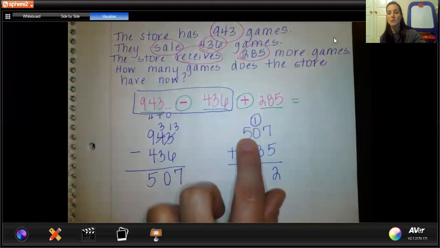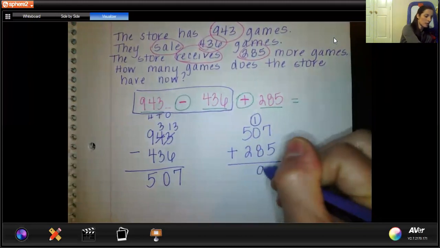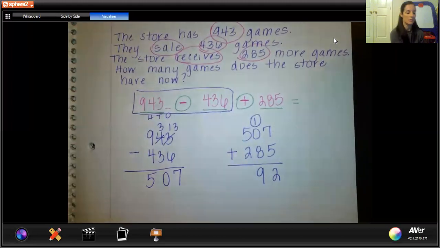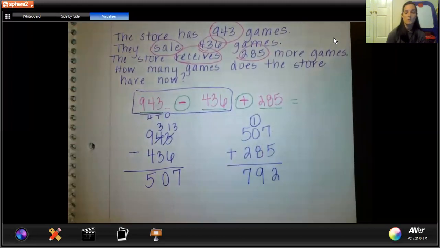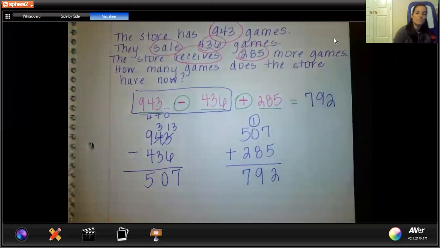So 1 plus 0 is 1. 1 plus 8 is 9. Now I'm moving to my hundreds place. 5 plus 2 is 7. Please always remember to look at your sign and make sure you are doing the correct operation. And your answer should be 792.